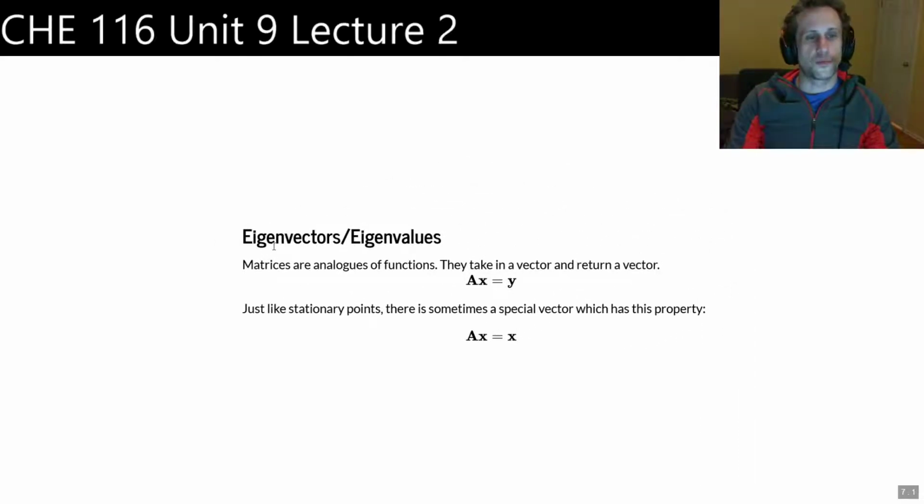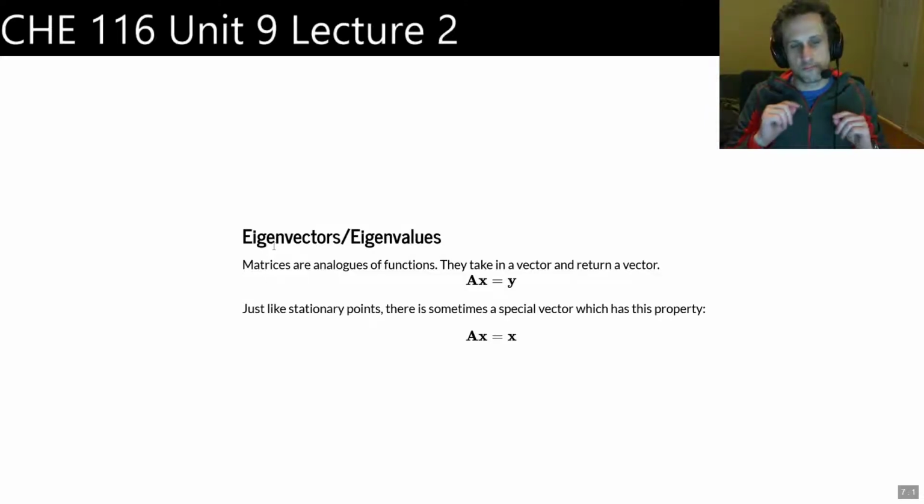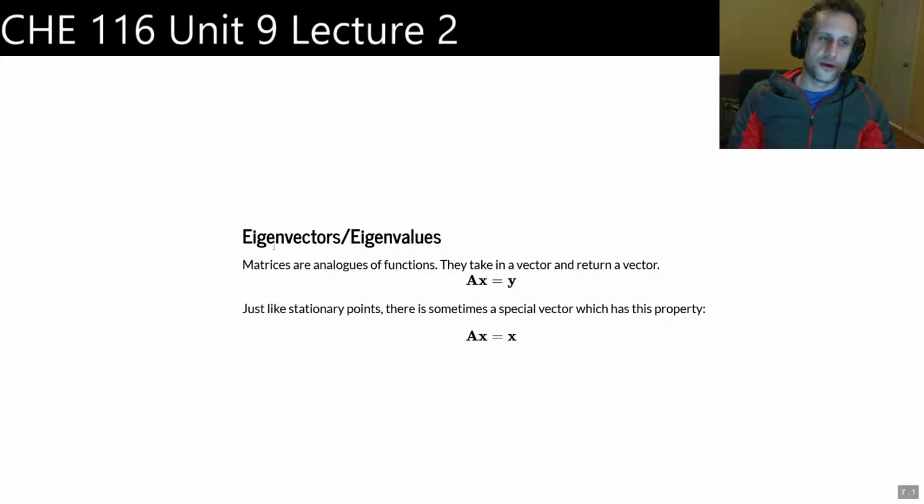That whole argument was just to show you that stationary points are things where the input and the output are the same, and it's a really important technique in numerical analysis. Analogously, eigenvectors are where you find an input and an output that are the same for a matrix A. Now let me go back a little bit.